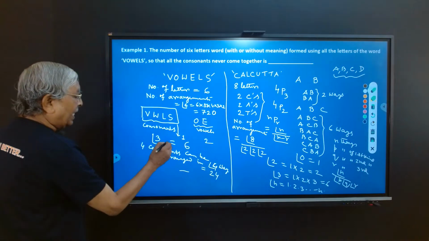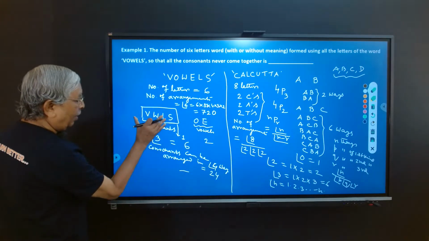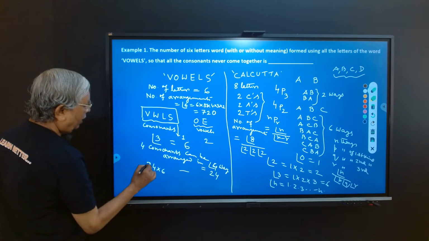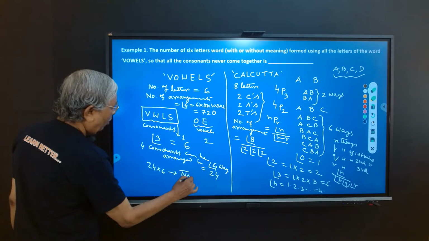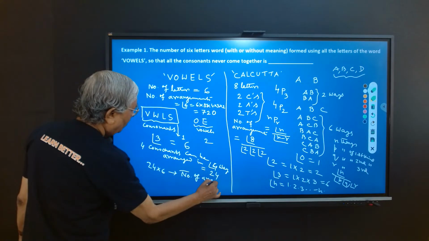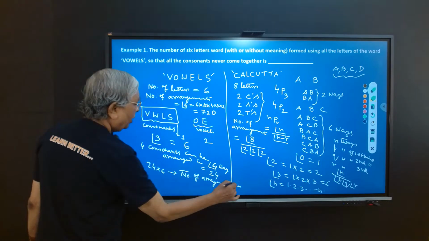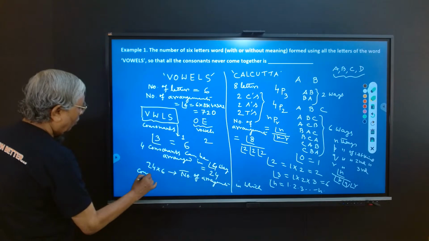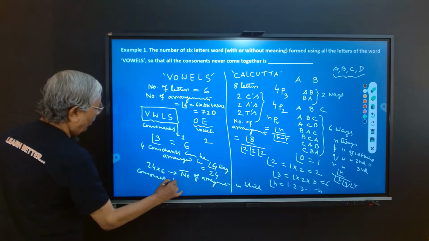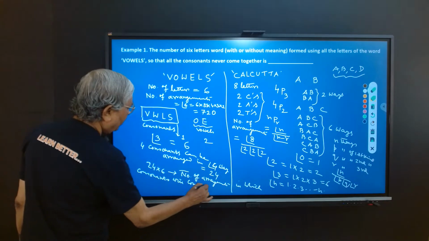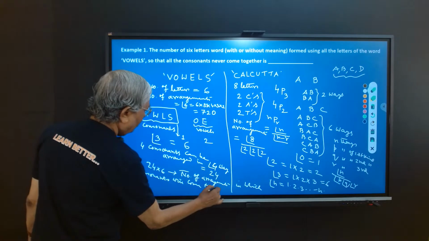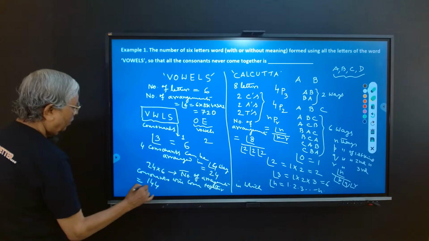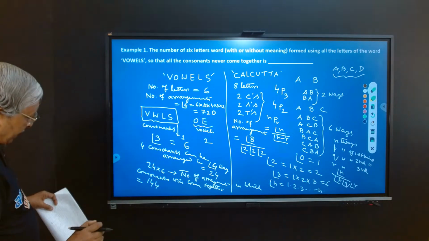So the number of arrangements in which the consonants will come together is 24 into 6, that is 144.